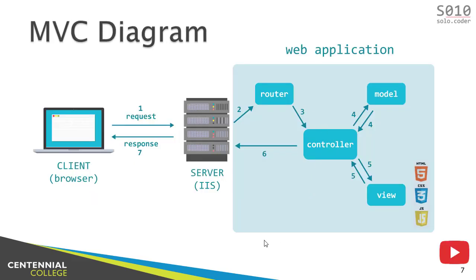So look, we still have that diagram, but now web application has expanded, and now we can see what is inside of it, okay? And those are the different components of our MVC application. And this entire course is about exploring this diagram step by step. It will be all about this diagram, all about this flow of information here.